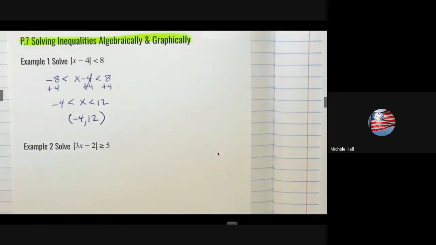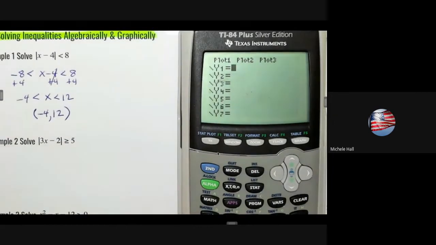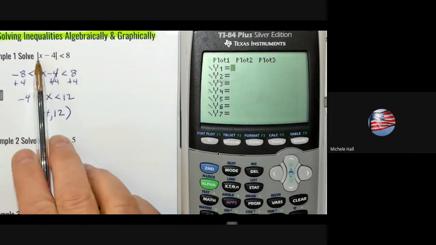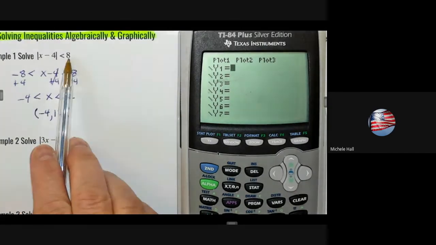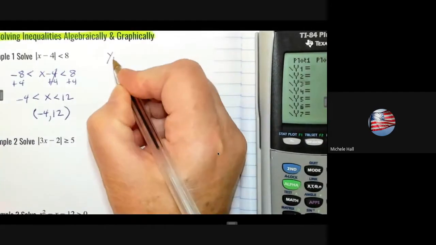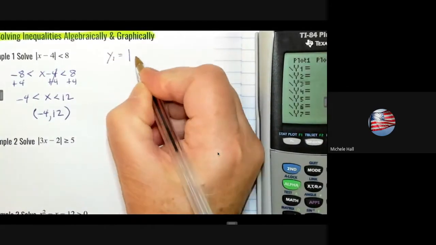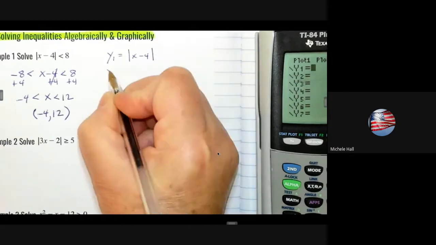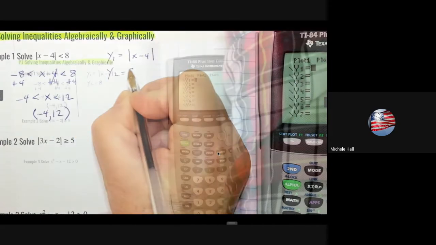We can also see this on the graphing calculator. We can go to y equals, and we're going to graph two sides of the equation. We're going to graph the absolute value of x minus 4, and then we're going to graph 8. y1 will equal the absolute value of x minus 4, and y2 will be 8.